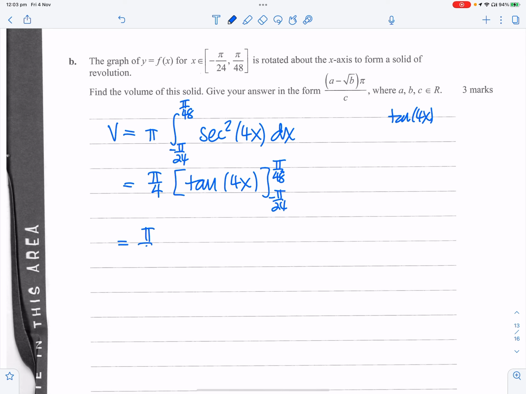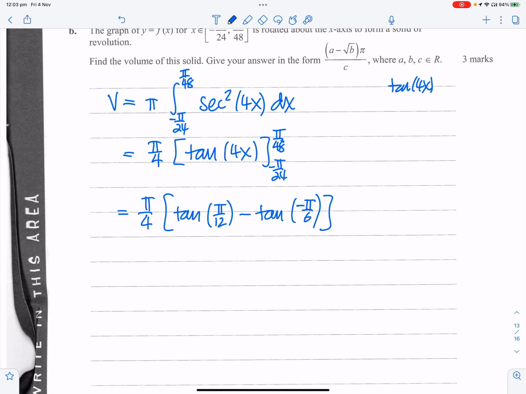So we get pi on 4 tan of pi on 12 minus tan of negative pi on 6.